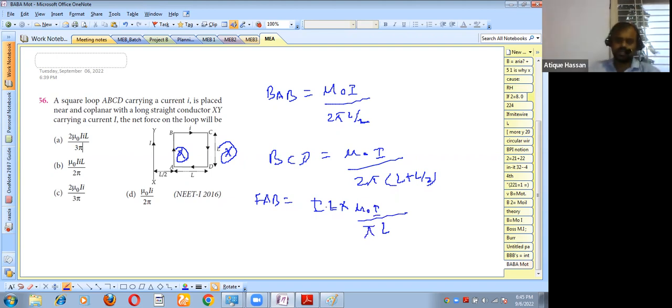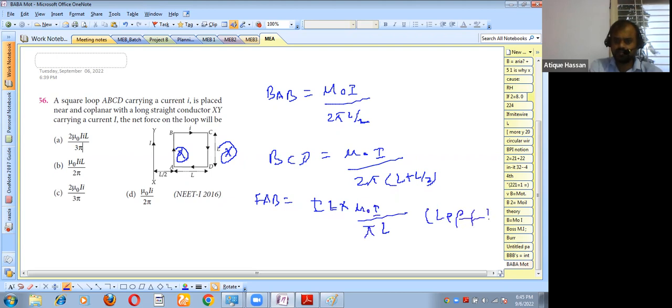On AB it will be towards left. And if you see force on CD, the current should be small I, right? Here the current should be small I because we are taking that.